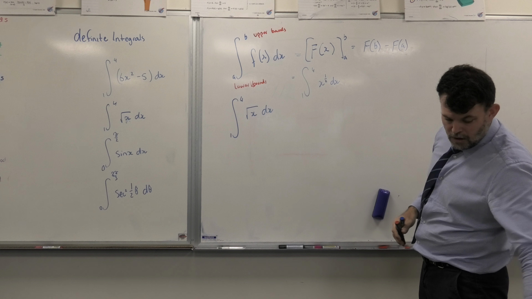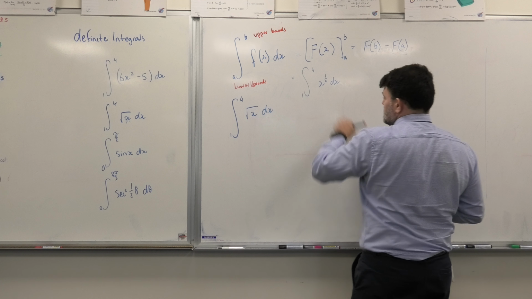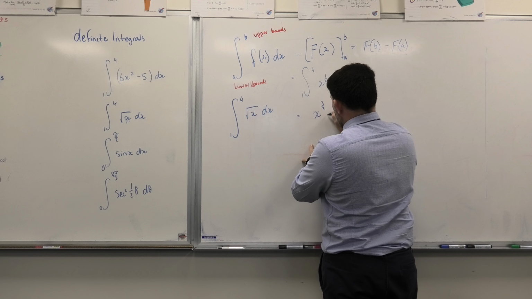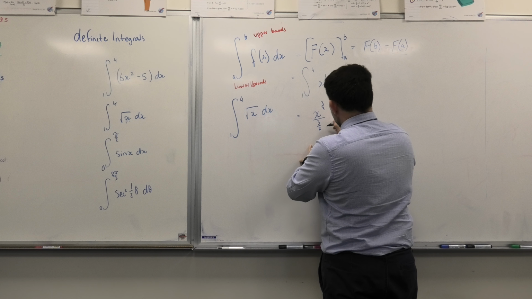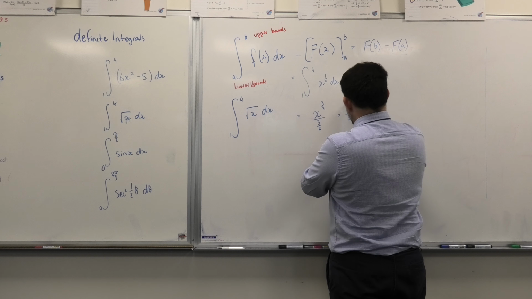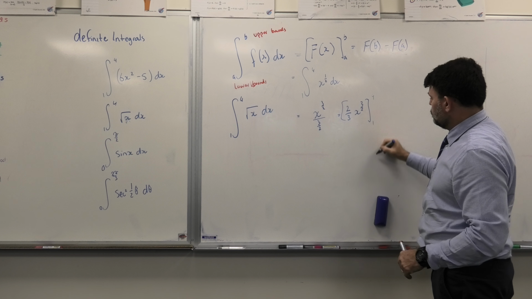Now I can start integrating. We get x to the power of 3 over 2, over 3 over 2, which we can rewrite as 2/3 x to the power of 3 over 2, with boundaries 4 and 1.